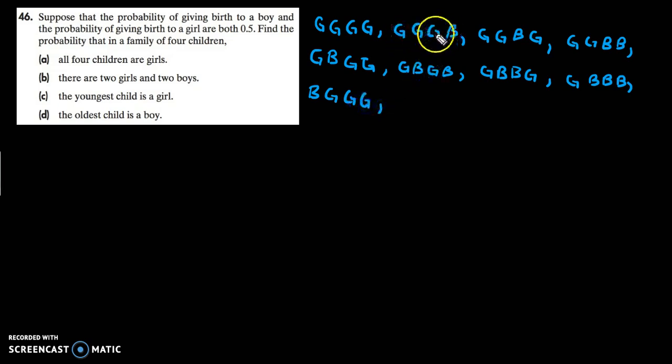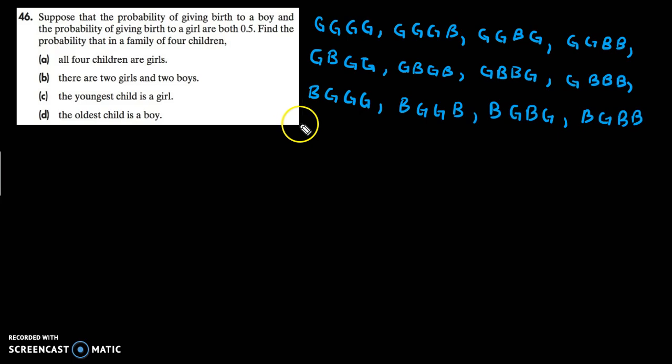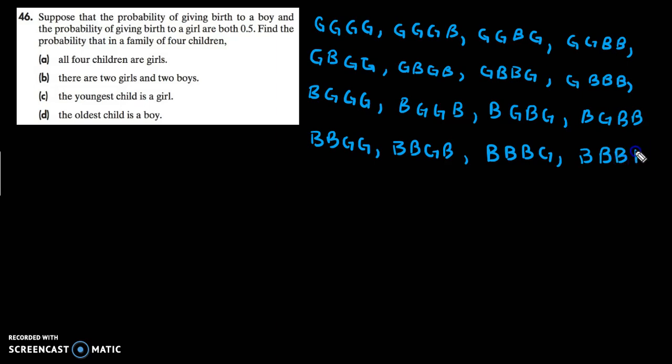That's kind of nice because you can copy down the same list, just start them all with a B. And then very last, we could have all boys. All right, so there's our 16 different options.